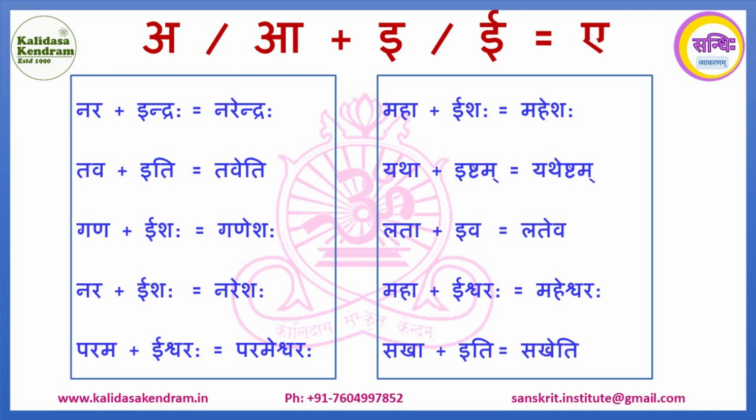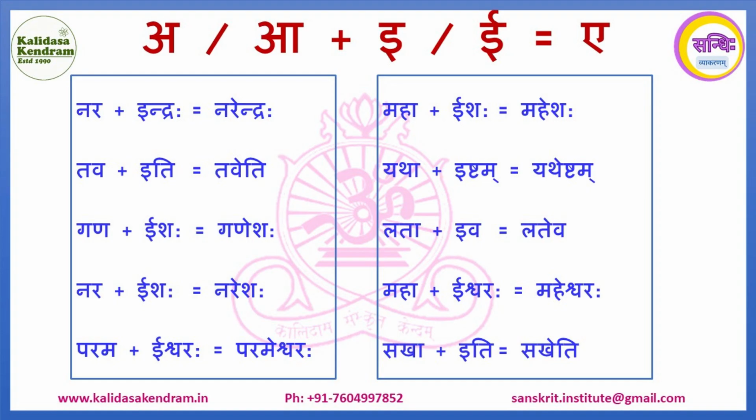Tava plus iti, taveti. Gana plus ishaha, ganeshaha. Nara plus ishaha, nareshaha. Parama plus ishvaraha, parameshvaraha. Maha plus ishaha, maheshaha. Yatha plus ishtam, yatheshtam. Lata plus iva, lateva. Maha plus ishvaraha, maheshvaraha.